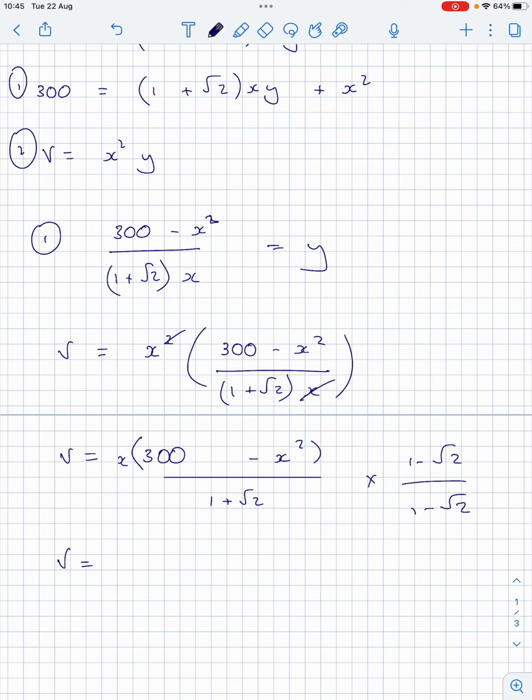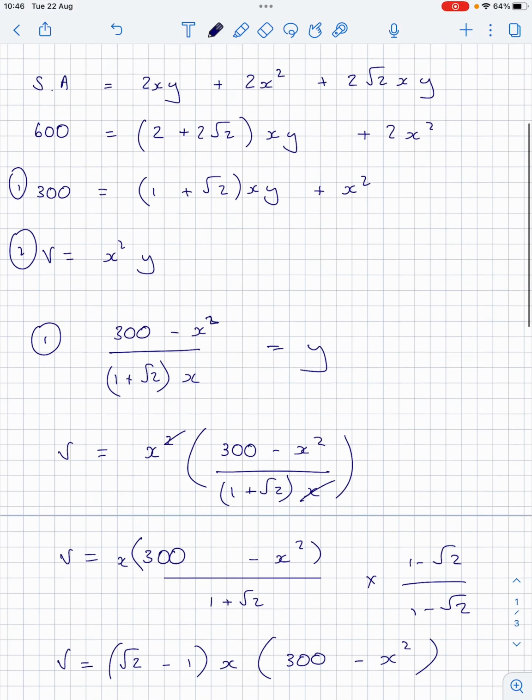So I'm going to end up with root 2 minus 1 lots of x, and then 300 minus x squared. Okay, so I found that value of k that we wanted.